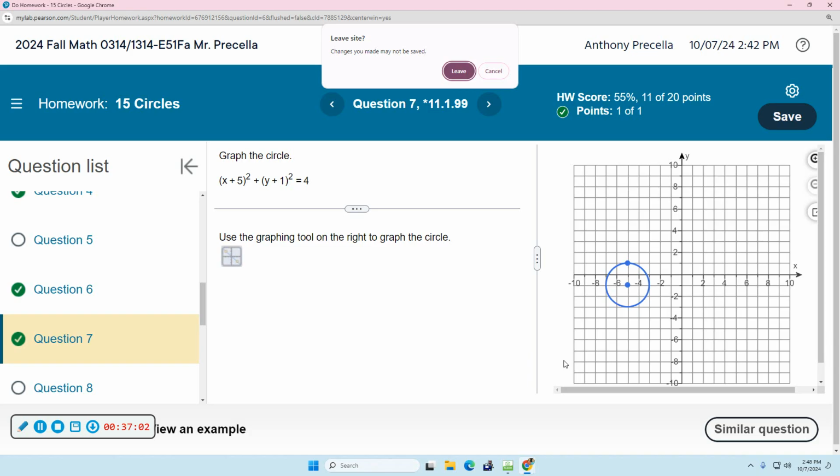But really, from an algebraic point of view, there's nothing nice about this expanded form. Look at center radius form. If you need the center and the radius, all you do is change sign, take the square root. Is there an easy way here just to look and tell center -5, -1, radius 2?